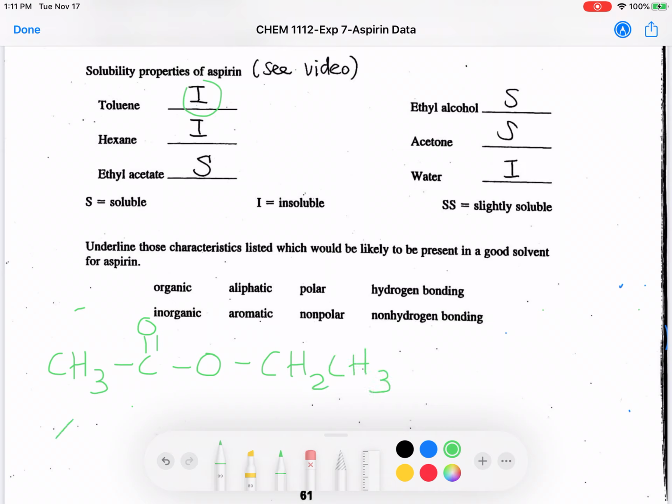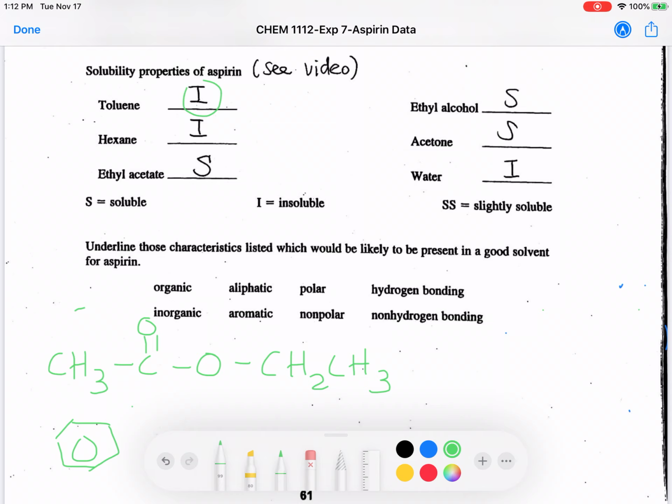Now, do you see this ring in this molecule? No. If it is there, that is aromatic. So this is aliphatic, and it is an ester. So that can be considered as polar also, because it has carbon oxygen bonds that will make it polar. But the carbon hydrogen bonds are non-polar. So this is aliphatic, and I would say it's polar.